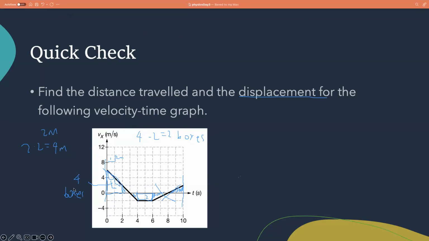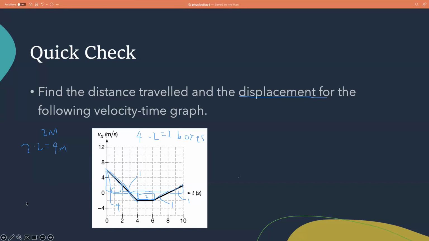As for distance, we can't just cancel out things like that, because every unit of distance traveled adds to distance. So we simply add all 3 of the areas. There are no fun little shortcuts to cancel stuff. So this is half of 2 boxes, which is 1 box, another 1 box here, 2 halves make 1 box here, and we've already calculated that this is 4 boxes.